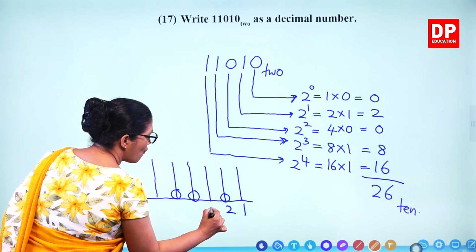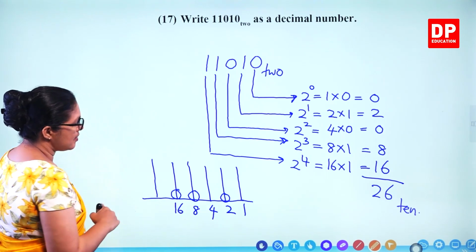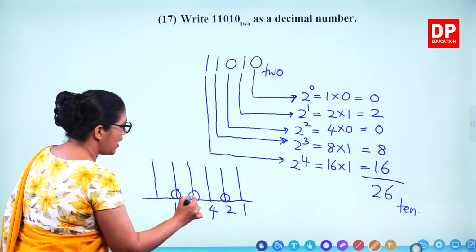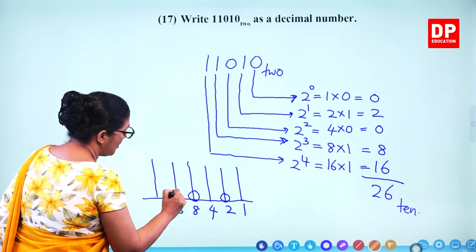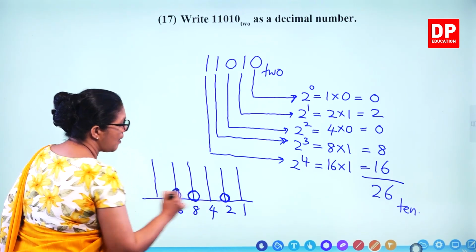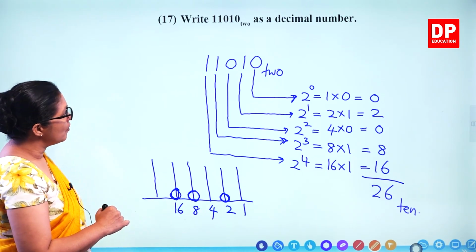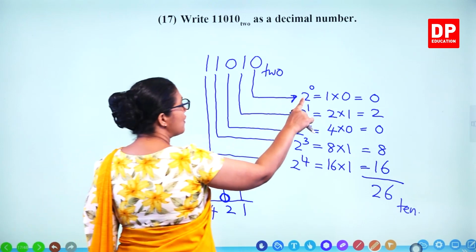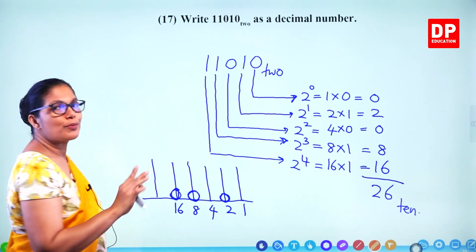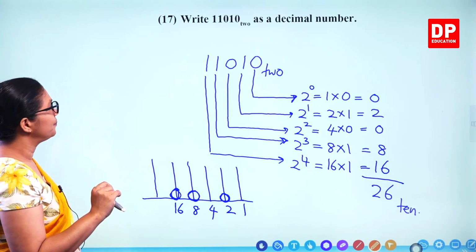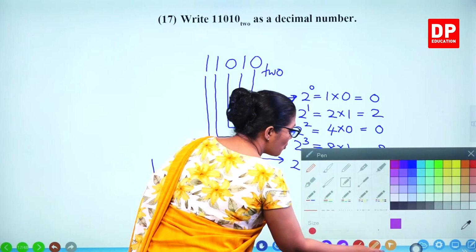This is 2, 4, 8, 16. That's how it works with base 2. If this is base 2, then 2 to the power 0, 2 to the power 1, 2 to the power 2, 2 to the power 3 and 2 to the power 4. So 26 is the answer. 2 marks.